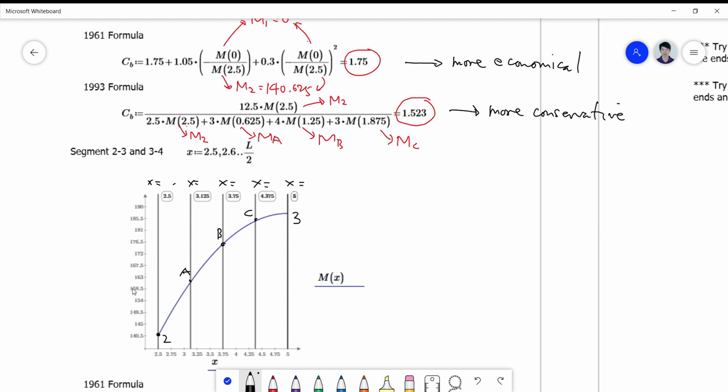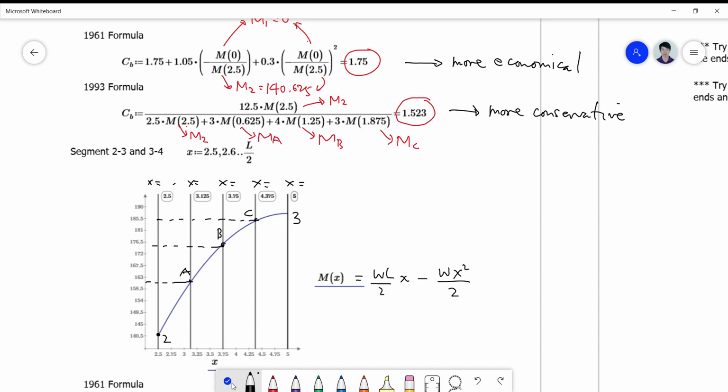And of course, the values of the moments are those solved using the formula Mx is equal to the reaction WL over 2 times x minus WX squared over 2.